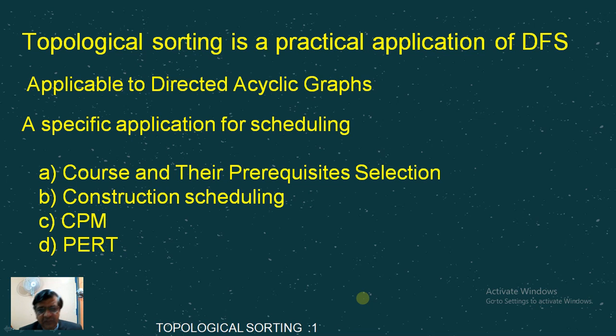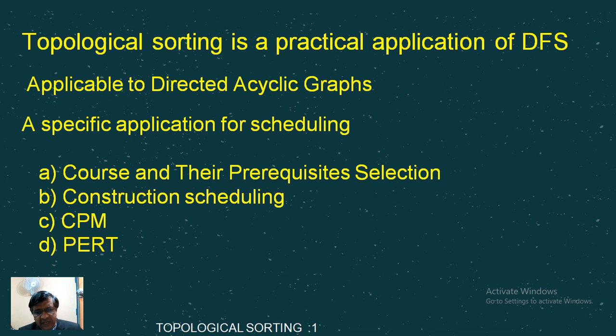This, as you must have guessed, has specific application for scheduling problems. The scheduling may be of courses and their prerequisite selection. For example, in a typical curriculum, course 1 needs to be completed before a student takes course 2, because course 1 happens to be a prerequisite for course 2.